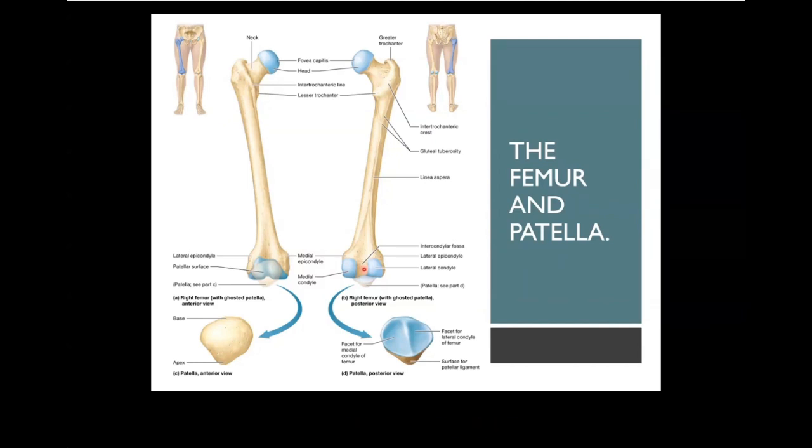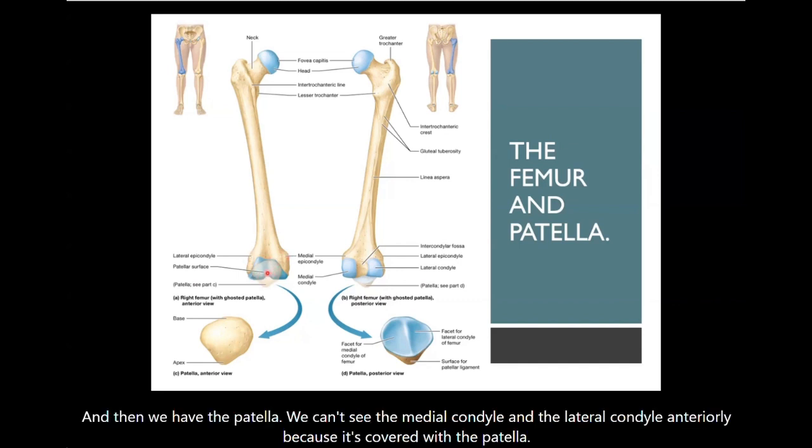Okay? That's it. How do we feel about this? Better? Right? Good. So lateral condyle, medial condyle, and then we have the patella. We can't see the medial condyle and the lateral condyle anteriorly because they're covered by the patella.